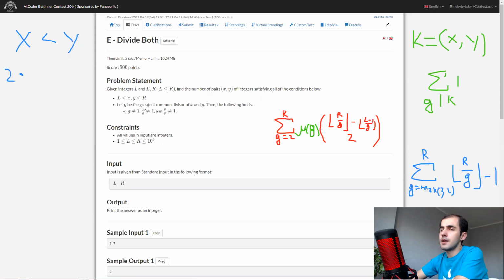Now, I probably should define what the Möbius function even is, because that is not common knowledge. So imagine that we have some number n with a factorization like that. So it's p1 to some prime exponent nu1.